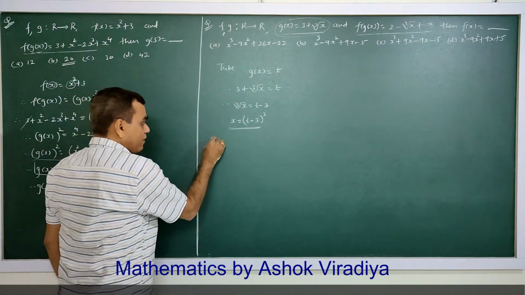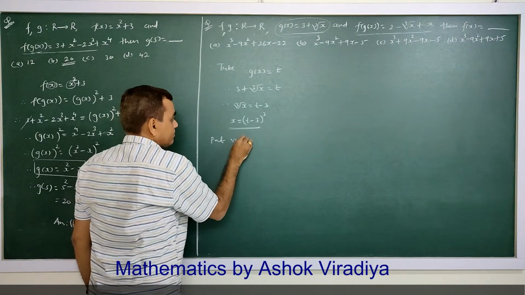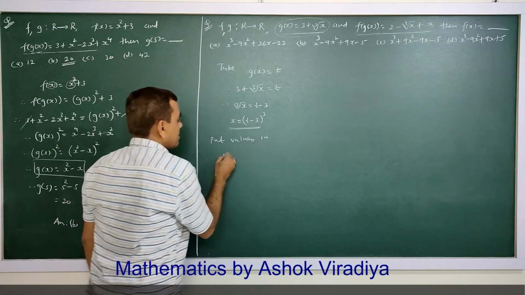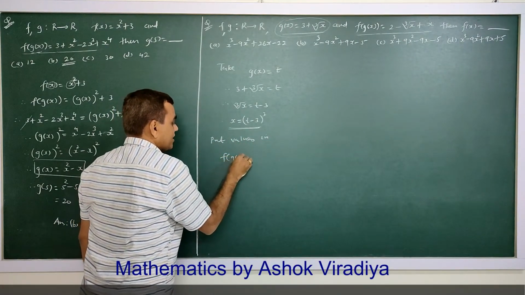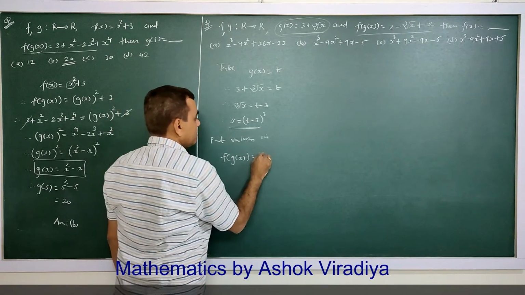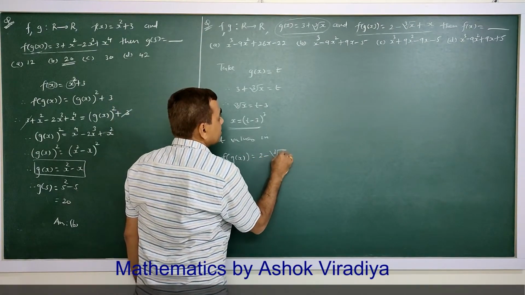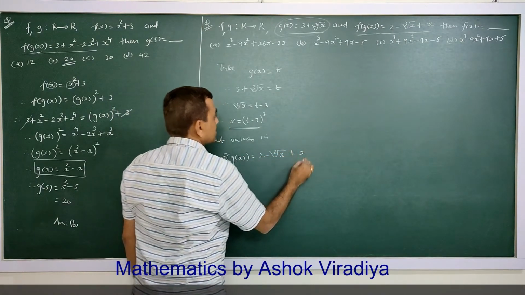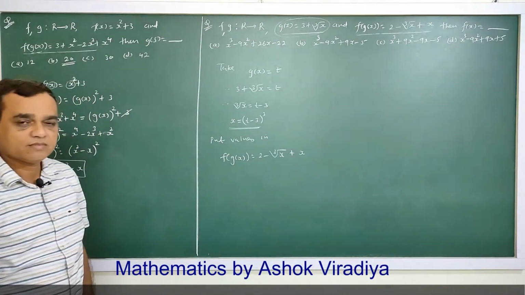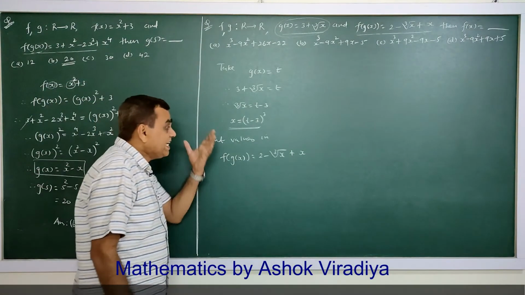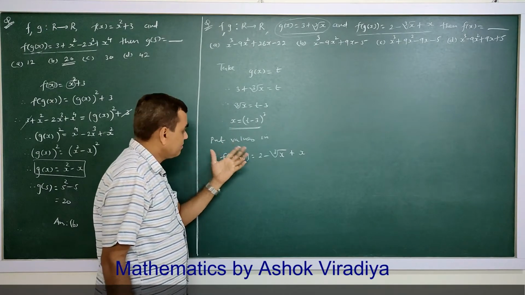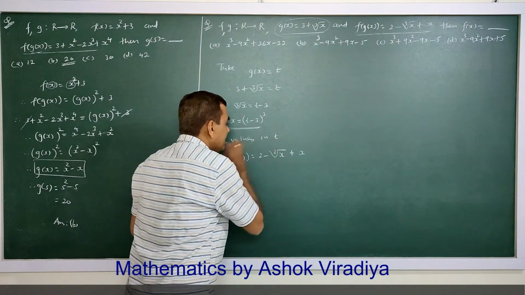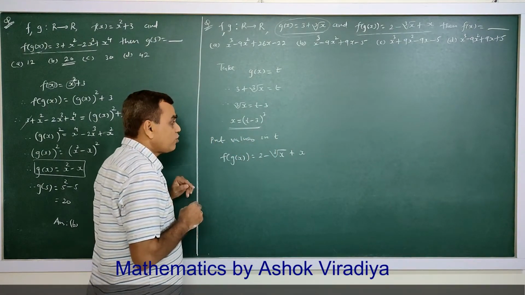So we are putting values in f of g of x equals 2 minus cube root of x plus x. We are going to put values in terms of t.